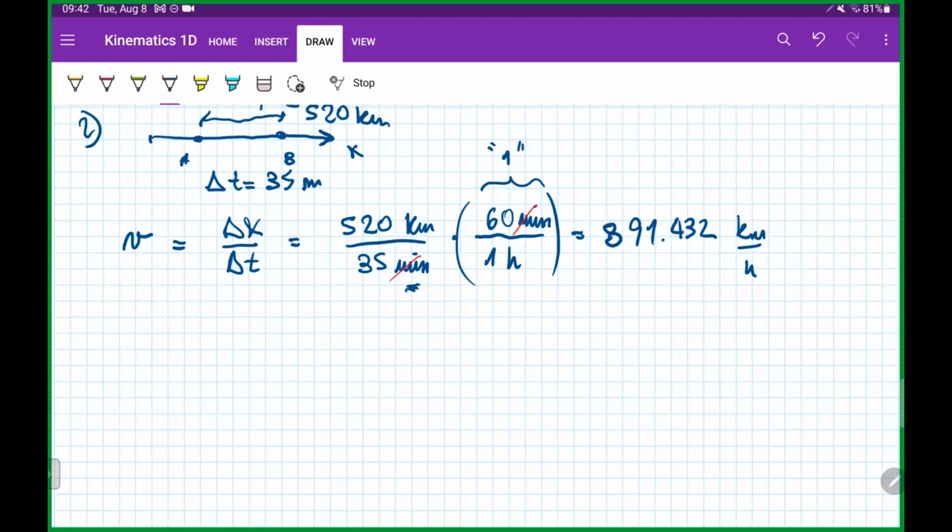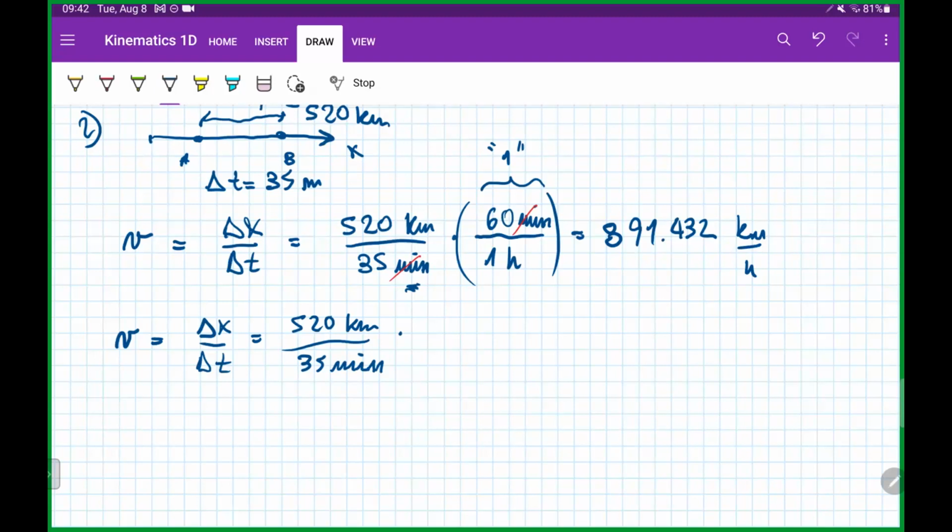Okay, let's take a look at the other question here, which is having it in meters per second. We can apply the same reasoning: delta x over delta t, that's 520 kilometers over 35 minutes. Now what we need here is meters per second, so we need to change both.